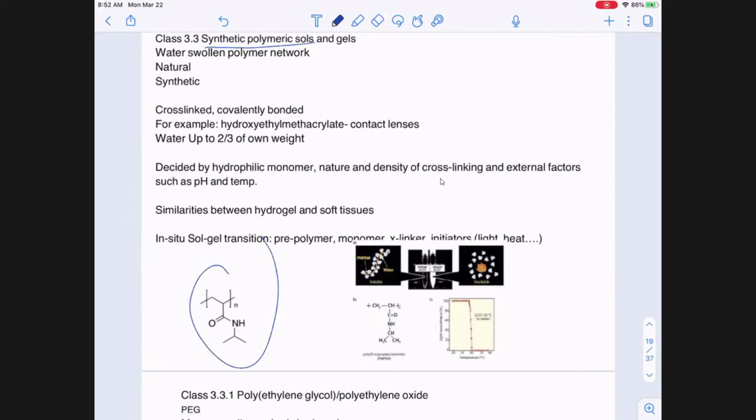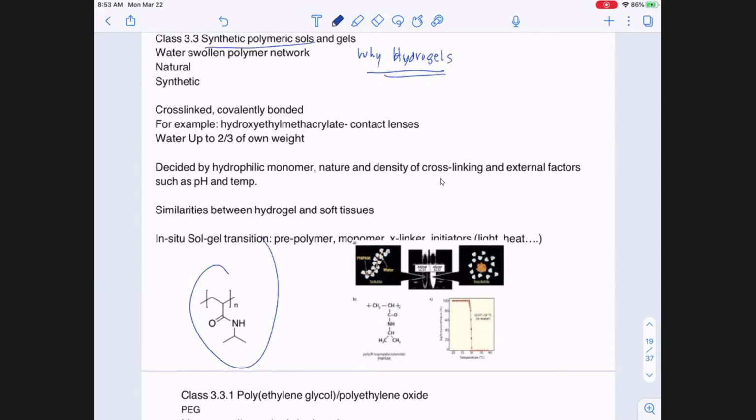So why hydrogel? Hydrogel means the materials can absorb water. We know in our human body, there's a large percentage of water in our tissues and organs. So hydrogel is very similar to our tissues with water.